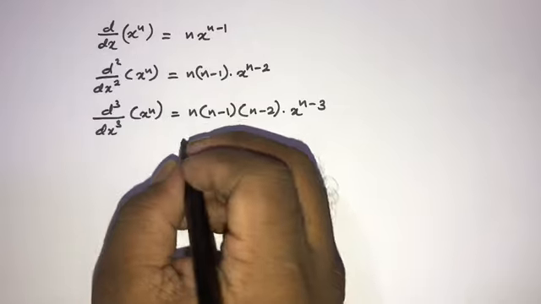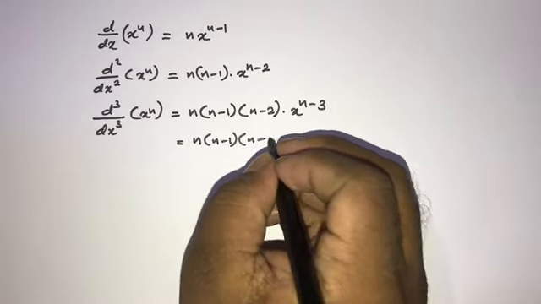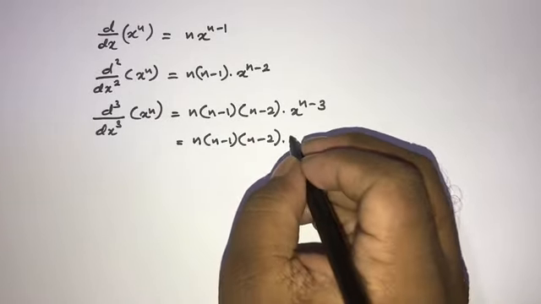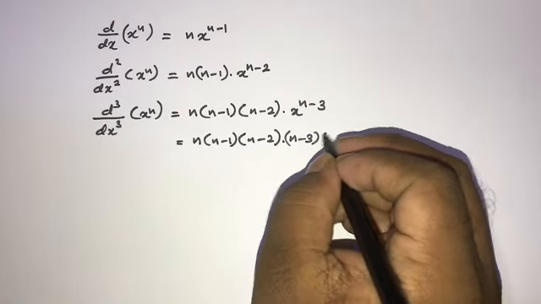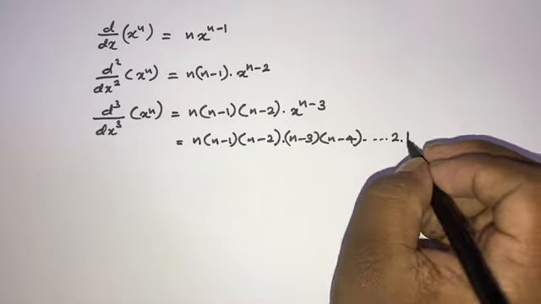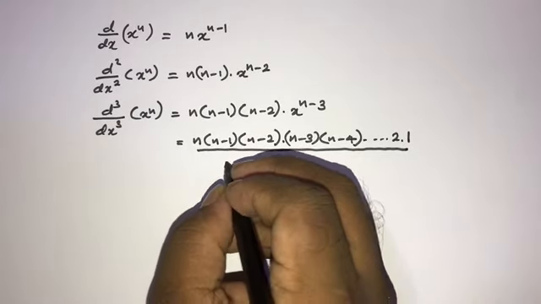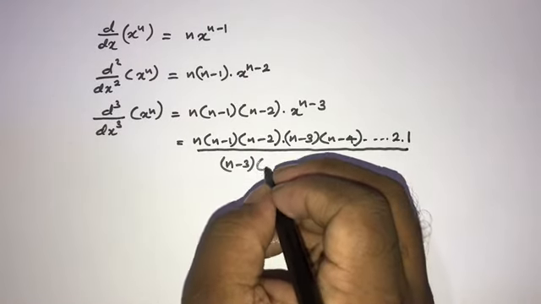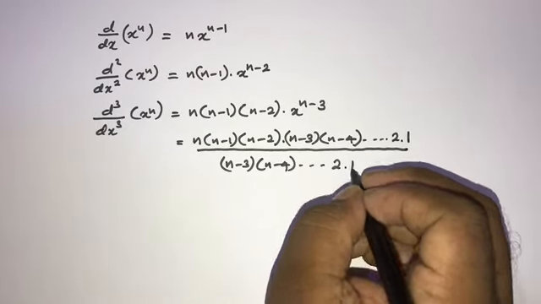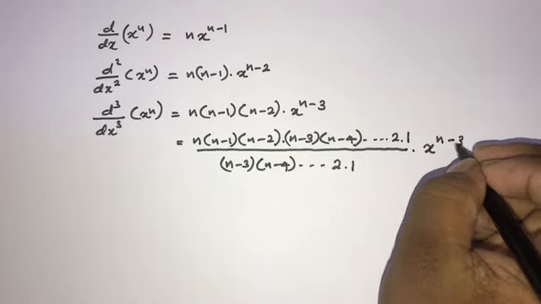Now here we have n minus 1, n minus 2, and I multiply and divide by the same terms, n minus 3, n minus 4, down to 2 times 1, and times x to the n minus 3.